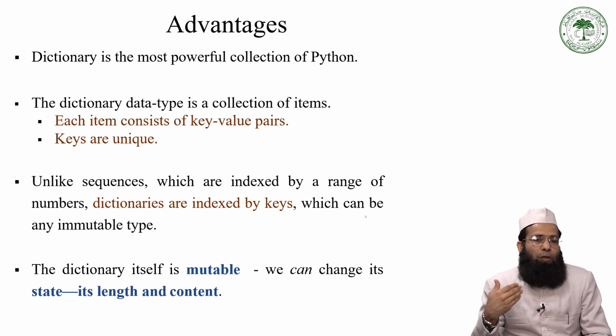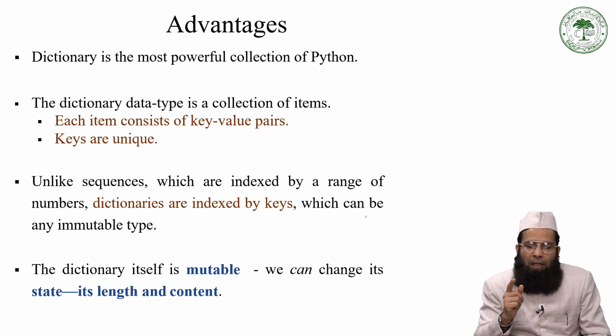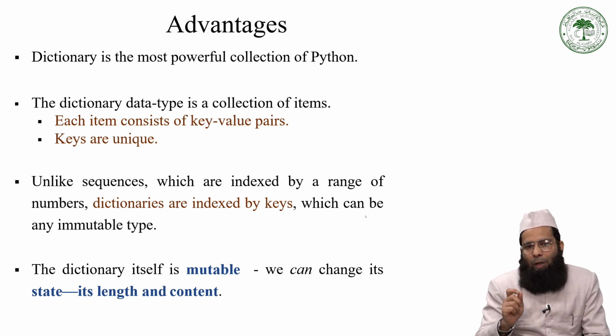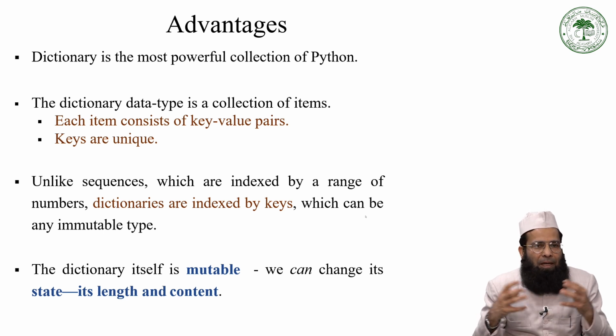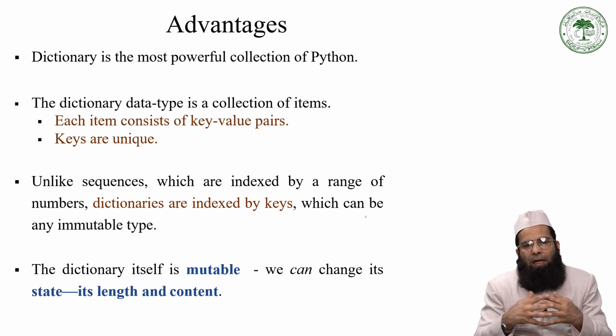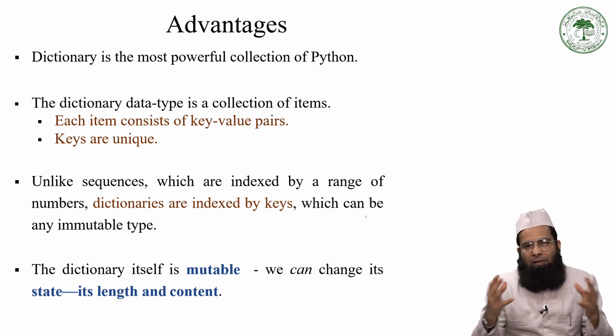A string could be the key. The dictionary itself is mutable. We can change its state, its length and content. It means the keys are immutable, but as far as the whole dictionary is concerned, you can expand the dictionary, add more items into it, and change its state, its length and content.